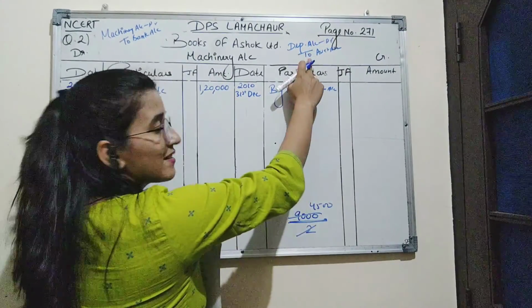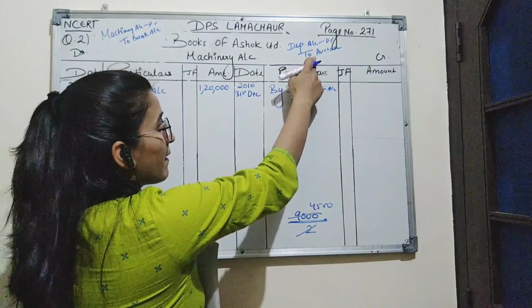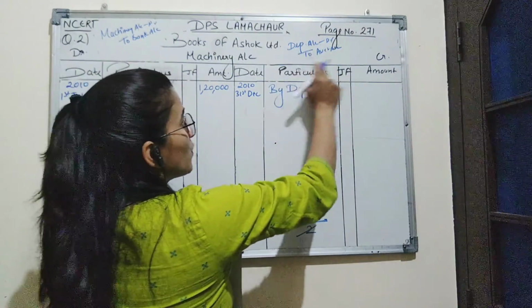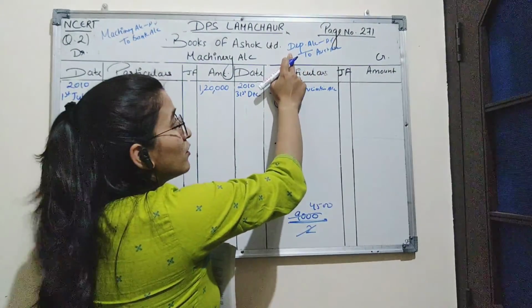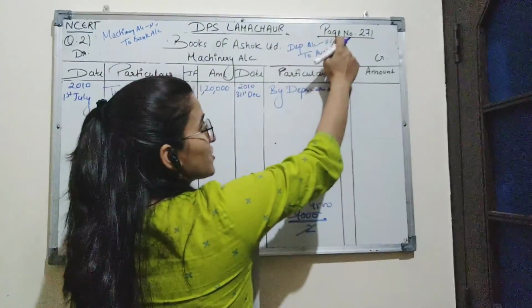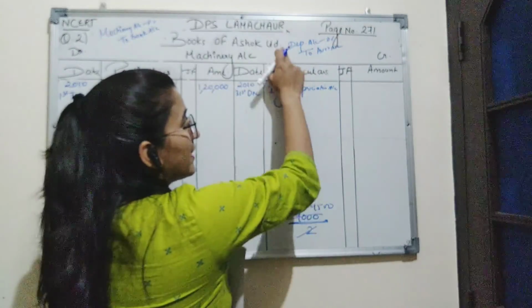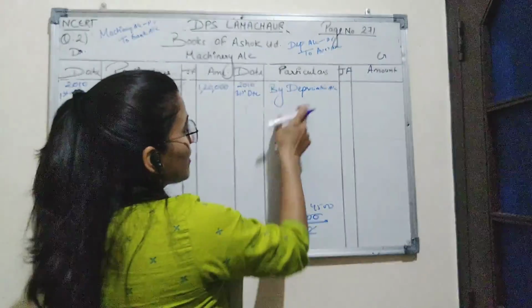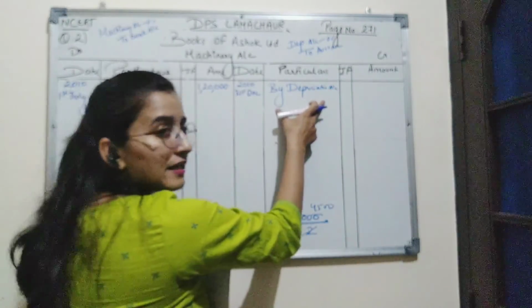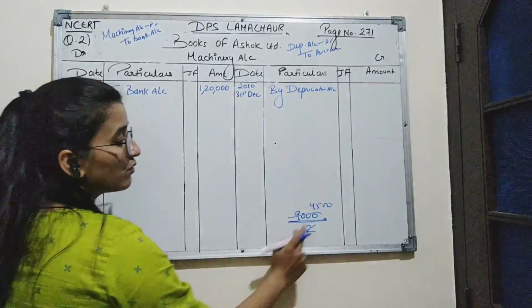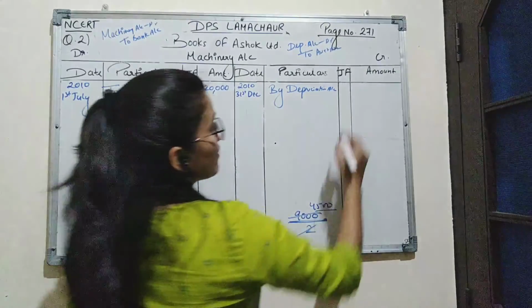So here the asset is machinery. We are preparing the account of machinery. So we'll credit the amount of depreciation. Why? Because depreciation is debited there. While posting this entry to the ledger, we write it on the opposite side. So depreciation account will be credited here with the amount 4,500.